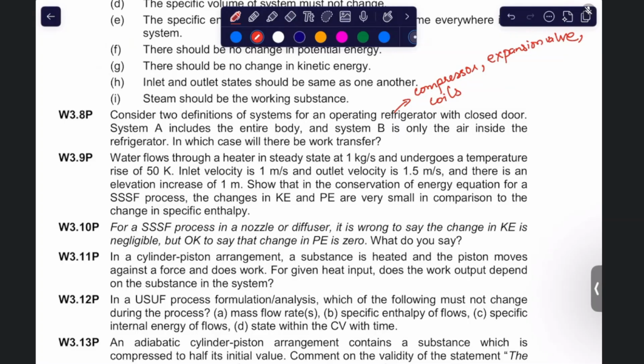I was talking about it before also. Work and energy are boundary phenomena. So whatever is happening inside the boundary, if it is not crossing the boundary, there is heat exchange happening at the coil, there is work input given to the compressor, there is heat output going from different modules of the refrigerator. But as long as those are all inside the boundary or outside the boundary, we don't care.